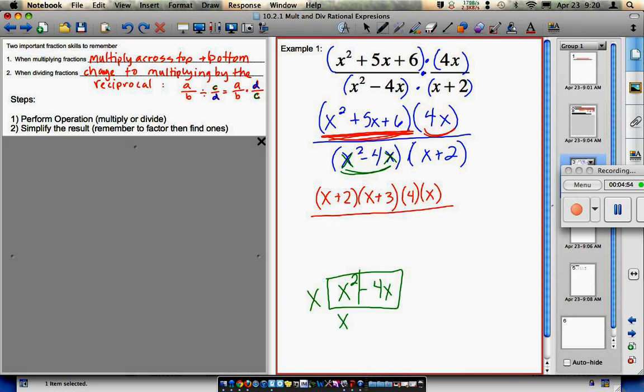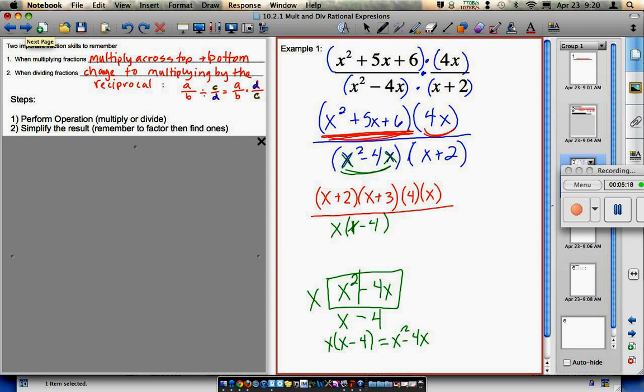So I'm going to see that this will be x times x to give me x squared, plus x times negative 4 to give me negative 4x. That's the same as x squared minus 4x. So that's going to go in place of that first factor, and I'm going to have x times x minus 4.